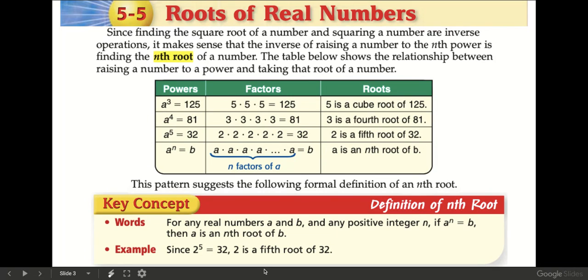The definition of an nth root is that for any real numbers a and b and any positive integer n, if a to the nth power equals b, then a is the nth root of b. Here's an example using numbers: if 2 to the fifth power equals 32, then 2 is the fifth root of 32.